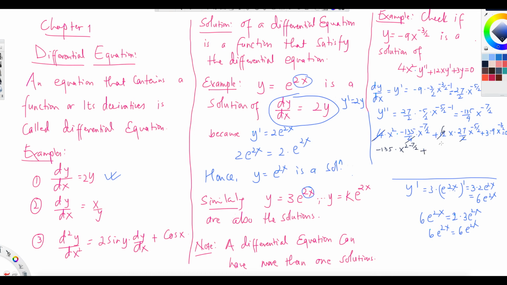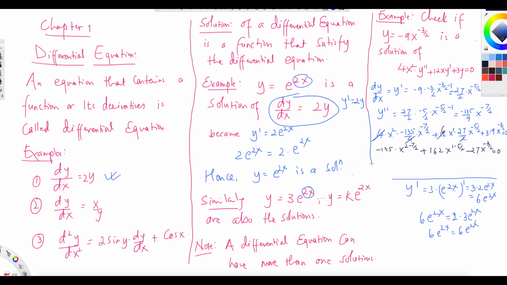Plus, what is 6 times 27? 27 times 3 is 81. So 81 times 2 is 162, right? 162, and then x to the 1 minus 5/2, because there is x to the 1 and x to the -5/2. That's why you combine them. And then minus 27 x to the -3/2 equals 0.